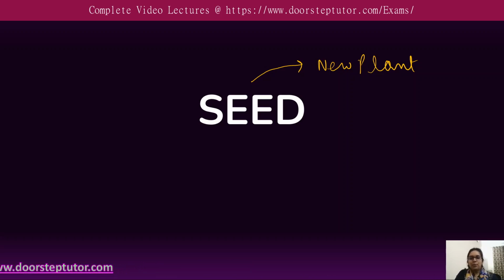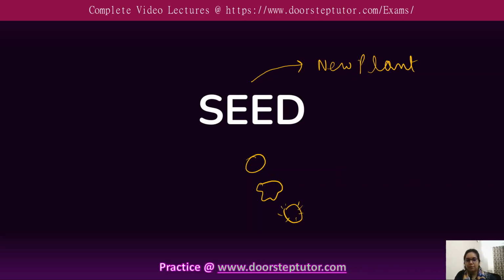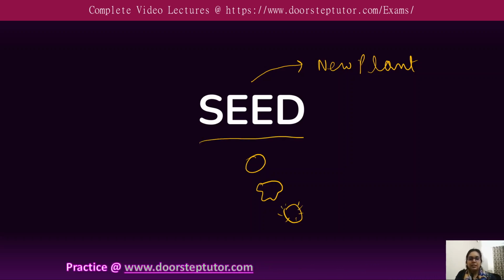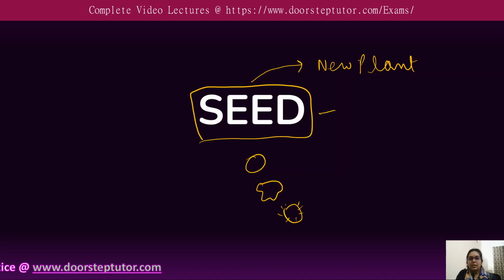So the seed may be of different shapes, different colors and different sizes. They may be round, they may be wrinkled, they may be winged, and some may be hairy. Some hairs are present, and the seeds are in the dormant condition.